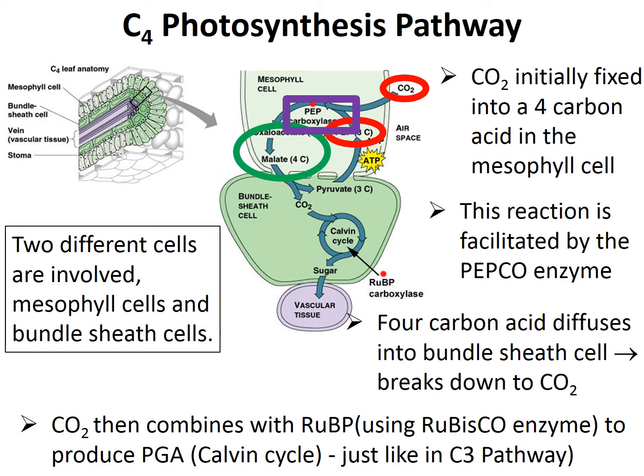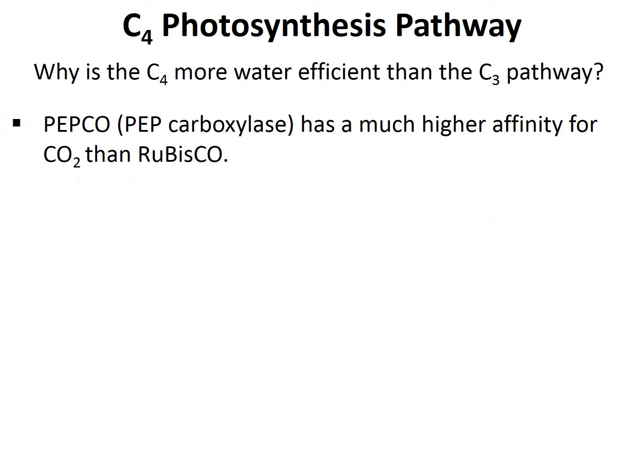Notice that the Rubisco enzyme is still going to be used here in the Calvin cycle. Once the CO2 is broken back down, CO2 will combine with ribulose bisphosphate using the Rubisco enzyme, making that 3 carbon acid, which then using ATP and NADPH will be eventually converted into a simple sugar.